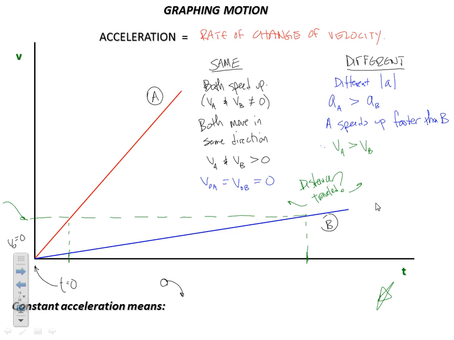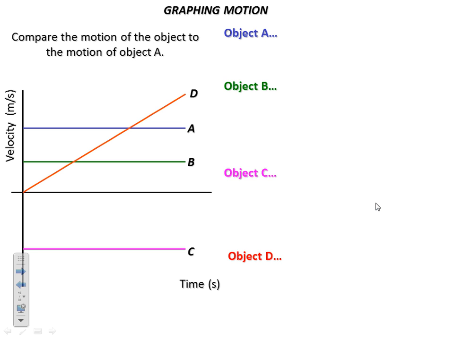And once I find my little clicking device that advances the slide, here it is. And tomorrow, you do this for me. You fill in most of these except for the first one, which I'll start with. Object A has a constant positive velocity.